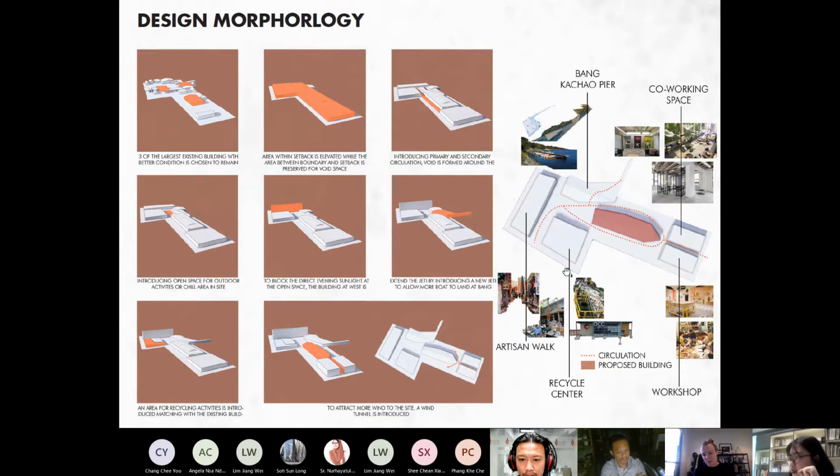This part is a recycle center where people can collect their recycled items. Coming to the left side is an artisan walk where the products made here can be sold. And this red building is the proposed building which I am going to focus on for my 800 square meters later.